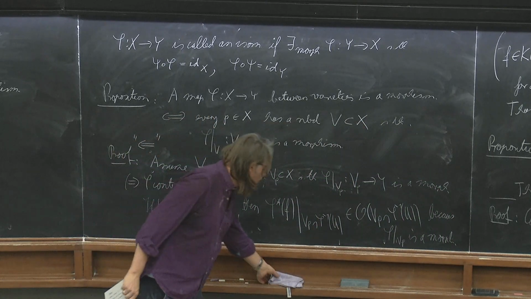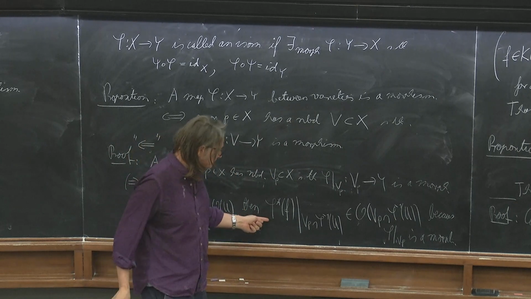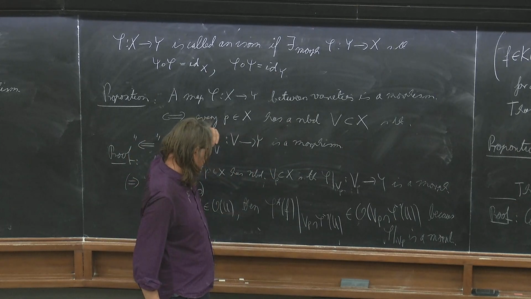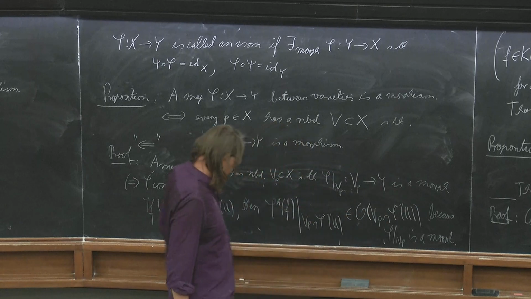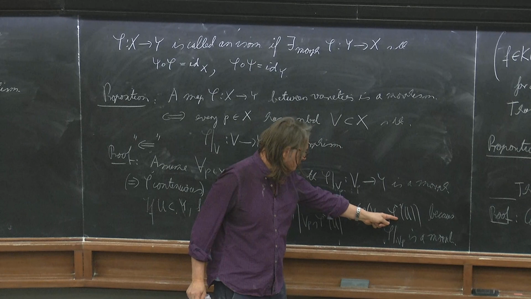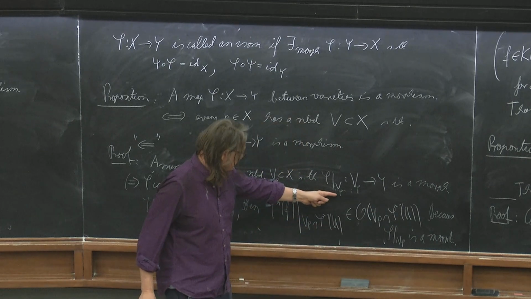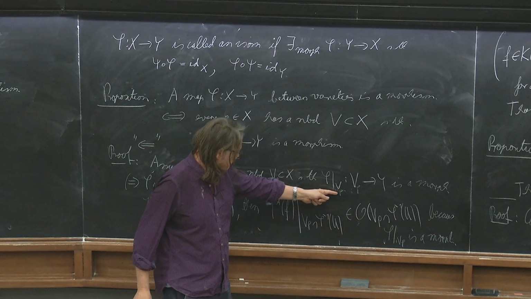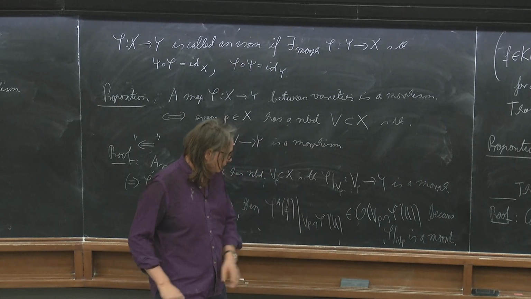And so this function is regular on all these open subsets, and these open subsets cover phi to the minus 1 of U, because for every point P we have a neighborhood where this holds.